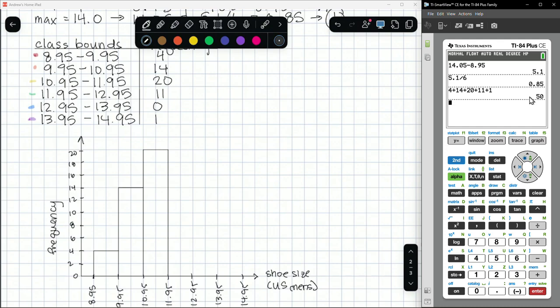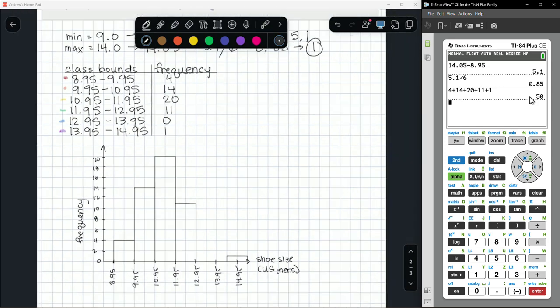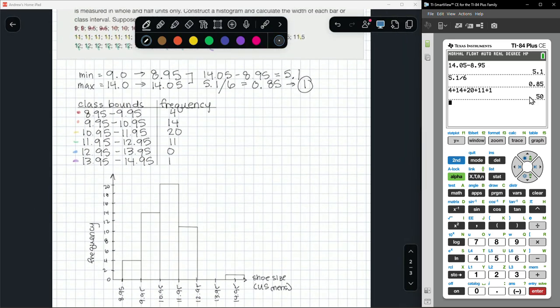One after that is 11, which is going to be halfway between 10 and 12. We have a 0, and then we have a 1, which is going to be halfway between 0 and 2. So that is the histogram for shoe size for this example.